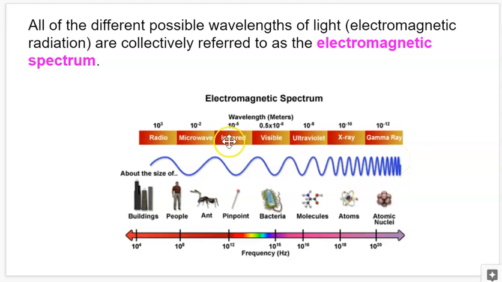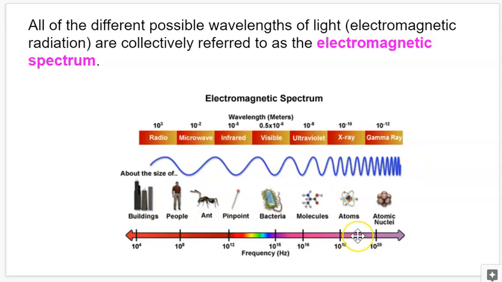So the regions associated with these are radio and microwave, the longer wavelength slash low frequency waves. And then in the middle is visible light, which is the light that we can see with our eyes. And that gets into ultraviolet, X-rays, and gamma rays in increasing amount of energy.